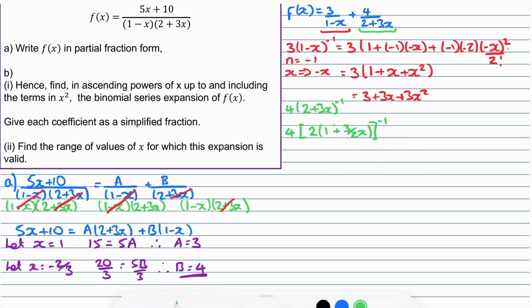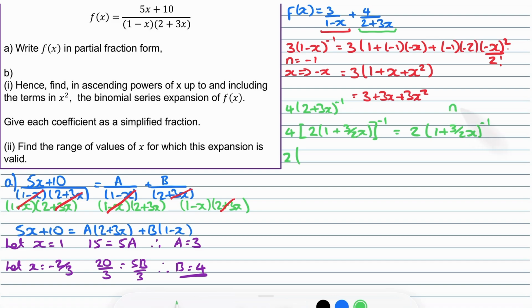And then when we expand this out, we've got the 2 to the power of negative 1, which is a half. We can multiply that by the 4, so we get 2 lots of 1 plus 3 over 2 x to the power of negative 1. And then we can expand this out.